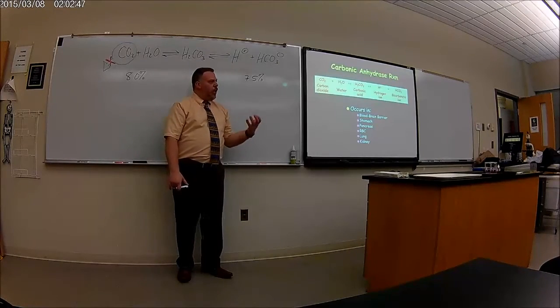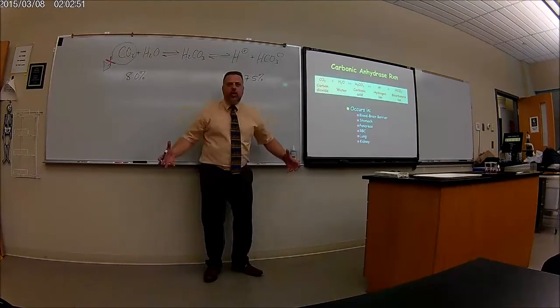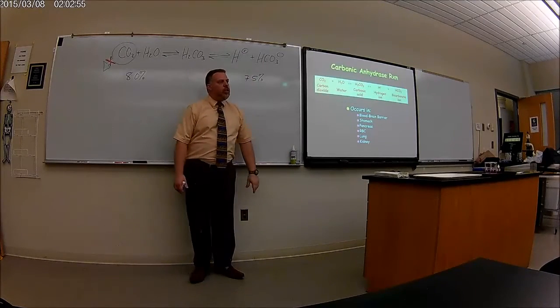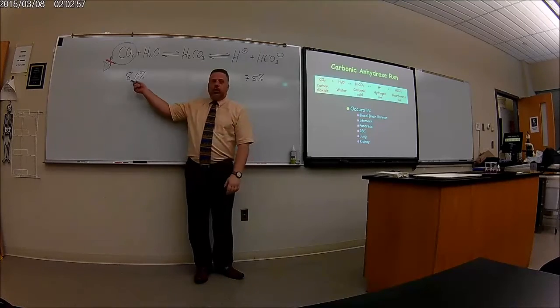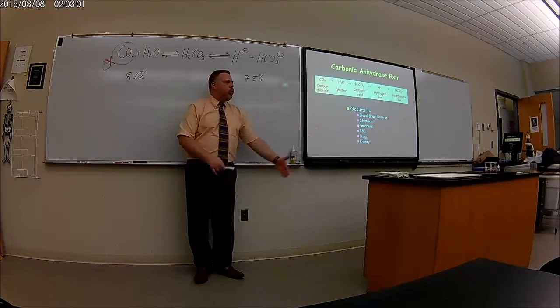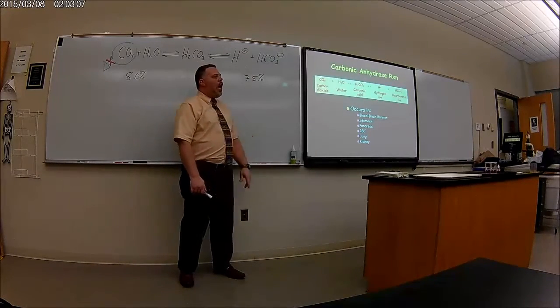So now they have a condition called acidosis. When you increase hydrogens in the blood, they have a condition called acidosis. Because it's due to a respiratory reason, we call it respiratory acidosis. Now, how do you get rid of ions?